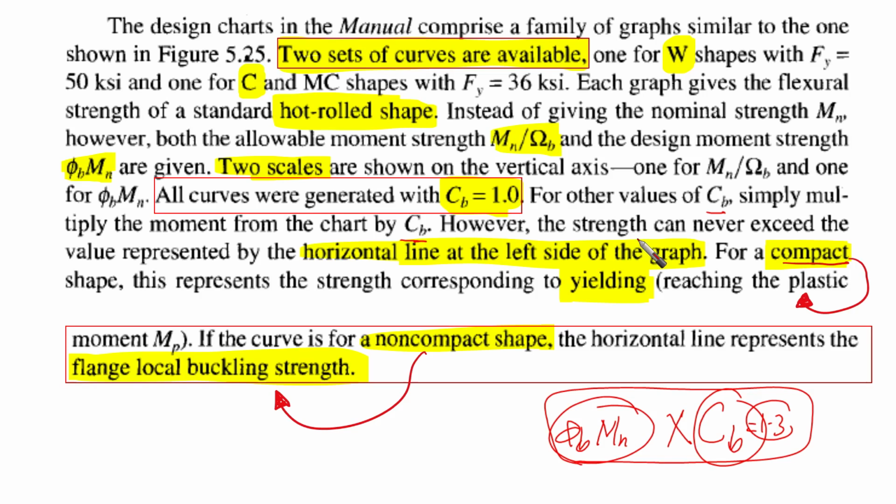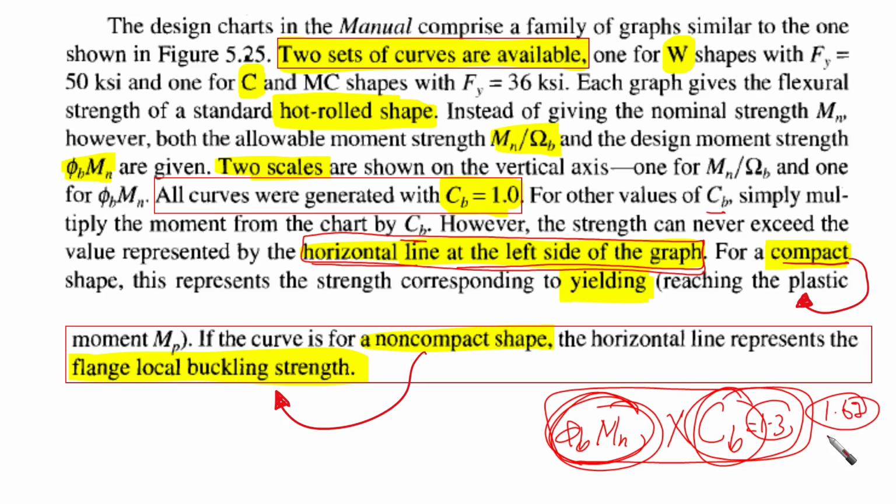However, the strength can never exceed the value presented by the horizontal line at the left side of the graph. This is an important issue. What is the meaning of this? Sometimes when you multiply your value by Cb, Cb is 1.67, for example.